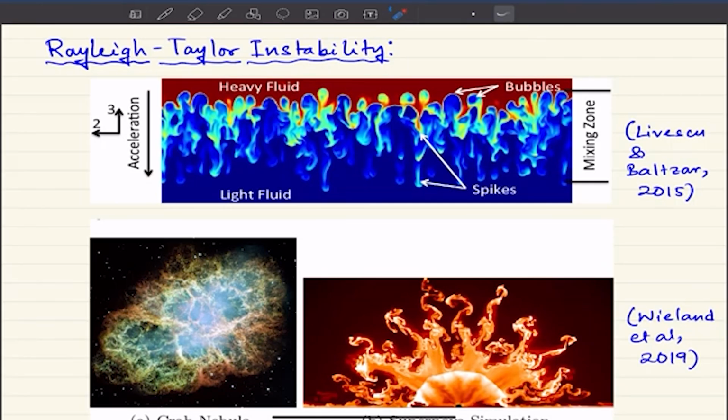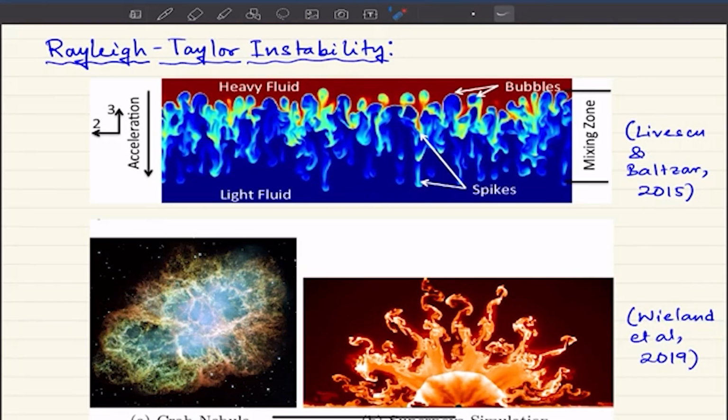Now you see these brownish fingertips. Whenever you see this type of fingertips, it is a clear signature of Rayleigh-Taylor instability. Of course in this case both fluids should be at rest initially, or at very low velocity, almost at rest. Otherwise this is not possible.